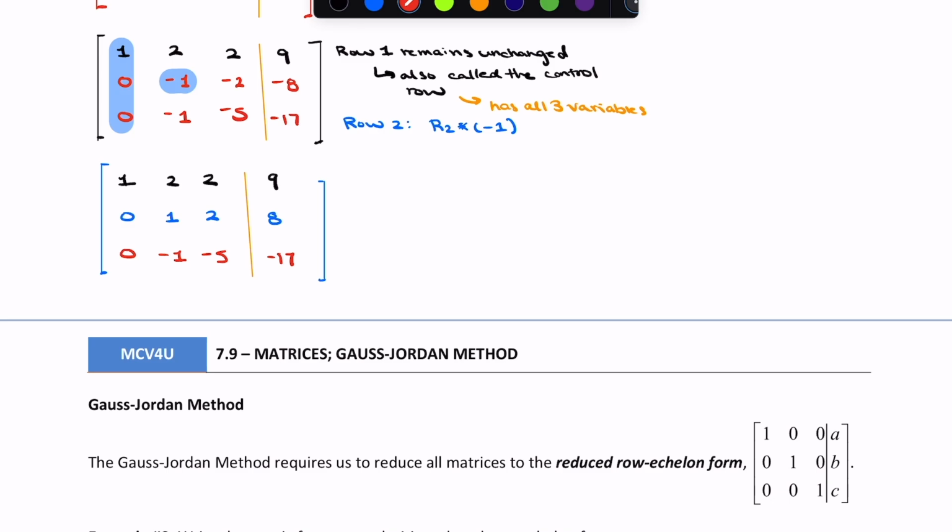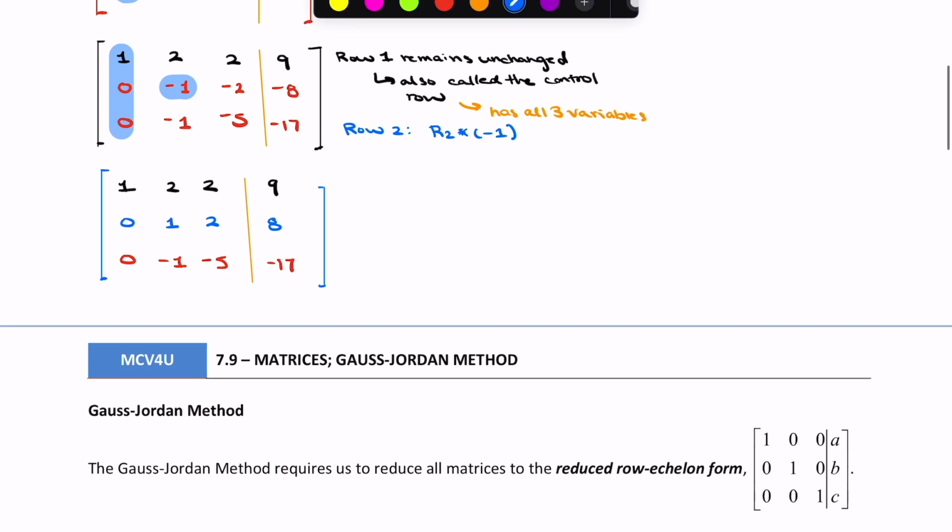And so here, again, our next step here is to then make that -1 into 0. And so here what we can do is we can take our row 2 and add that to row 3. So here we'll take row 2 and add it with row 3.